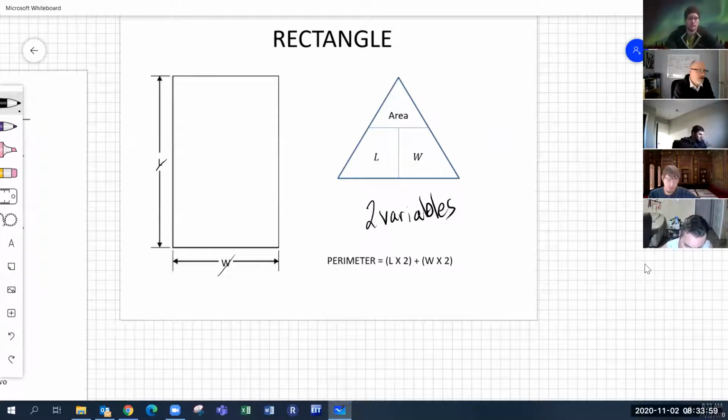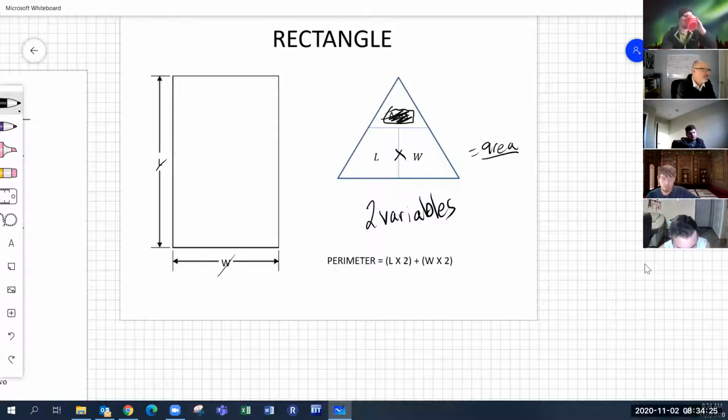So if we wanted to figure out the area right here, all I have to do is put the area over here, cross it out, and do the operation that's in the triangle. And this going across means times. So length times width is equal to the area. This is how these formula triangles work.